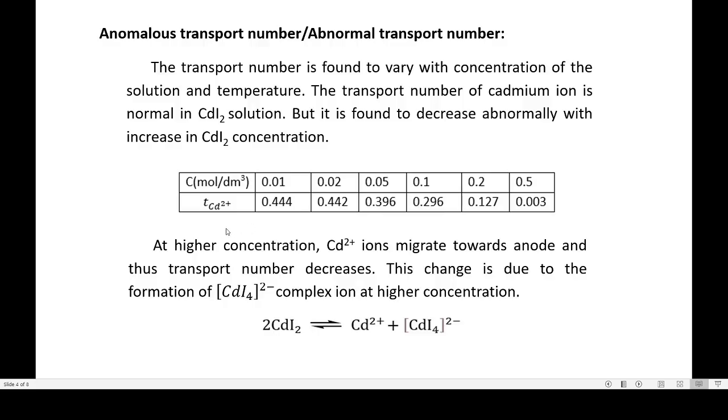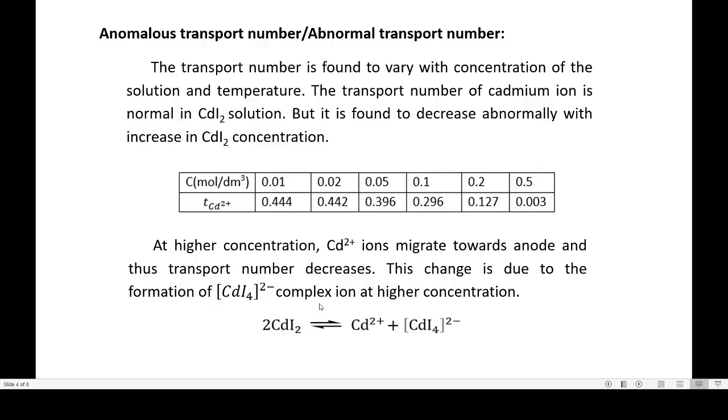So cadmium ion at lower concentration moves towards cathode, but at higher concentration cadmium ion migrates towards anode, and thus the transport number decreases. This decrease in transport number, or the migration of cadmium ion towards anode, is due to the formation of a complex ion carrying negative charge.